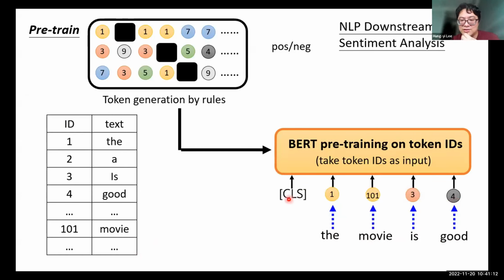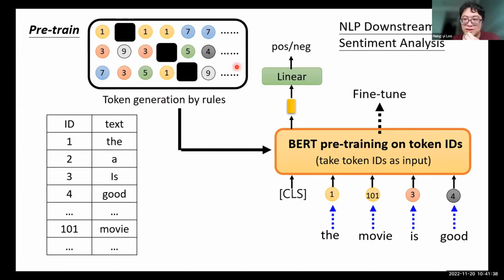Then you add a CLS token in front of the token sequence, and the model outputs a representation, and a linear classifier determines its sentiment analysis result. And we fine-tune the model as people typically use the self-supervised model. I have to emphasize again, in our pre-training, the model has never seen human language. The model is pre-trained on artificially generated token sequences, but our downstream tasks are NLP tasks.